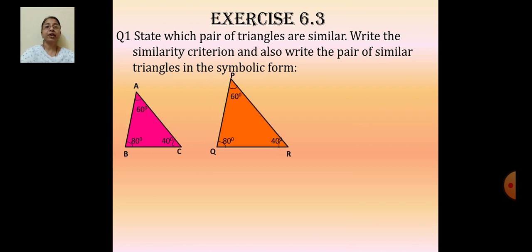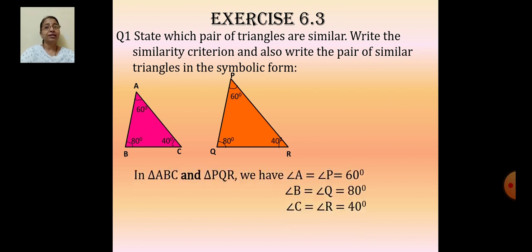So first pair here, very simple. Just by observing the diagram, you can state by which criteria they are similar. So here in triangle ABC and triangle PQR, angle A is equal to angle P, both 60 degrees.